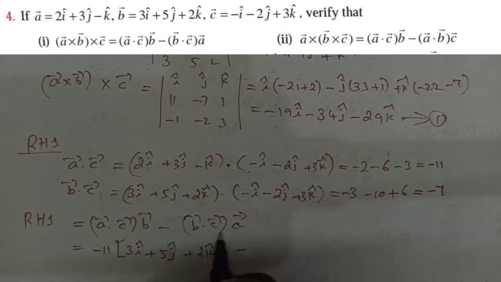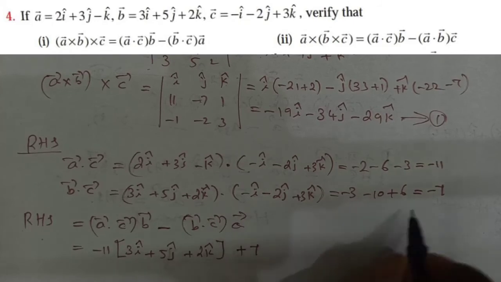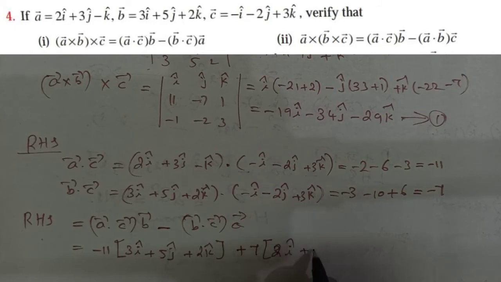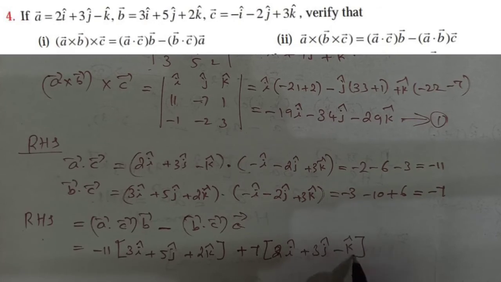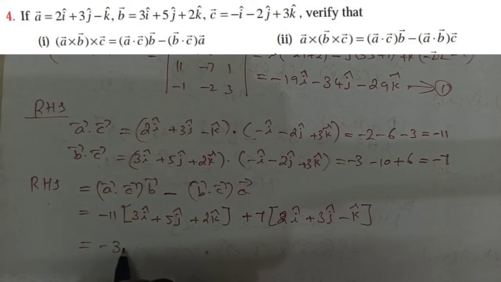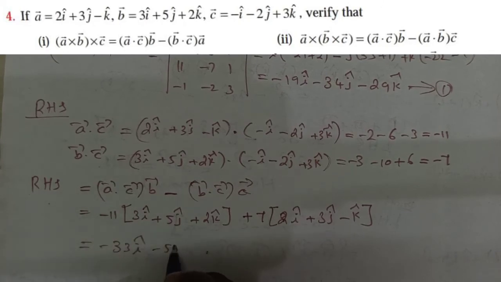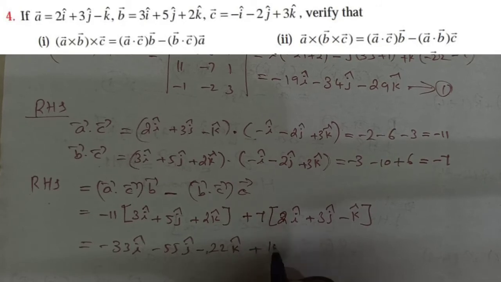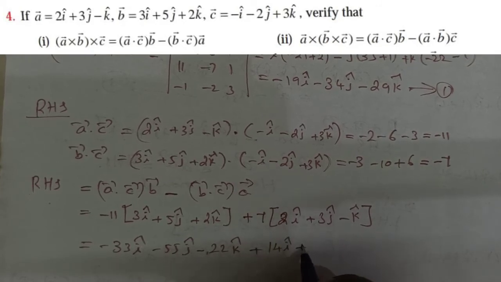Next, minus B dot C value is minus 7, so minus into minus becomes plus, into the value of A vector, which is given 2 i cap plus 3 j cap minus k cap. Okay, next minus 11 into 3 minus 33 i cap, here minus 55 j cap, minus 22 k cap, plus 7 into 2, 14 i cap, here 21 j cap, here minus 7 k cap.